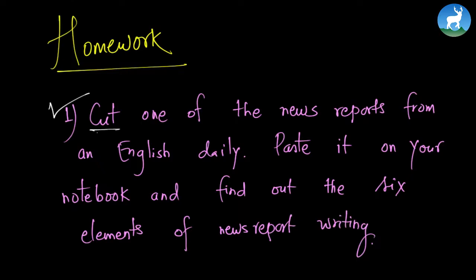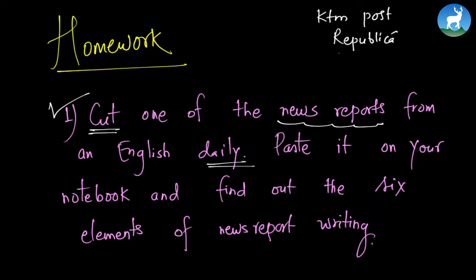All you have to do is cut one of the news reports from an English daily. It could be Kathmandu Post, or Republica, or the Rising Nepal, or the English edition of Annapurna Post.